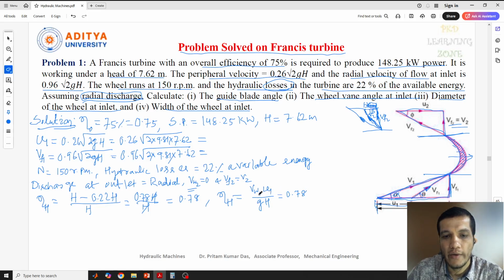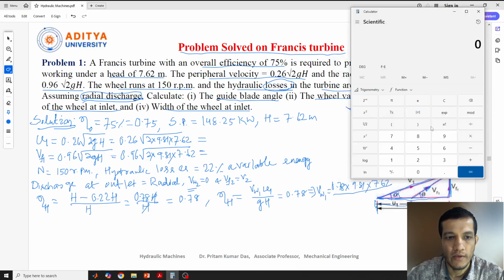Now we can find the value of VW1 equals 0.78 into g, 9.81, into H, 7.62, divided by U1. The U1 value we have not calculated till now.